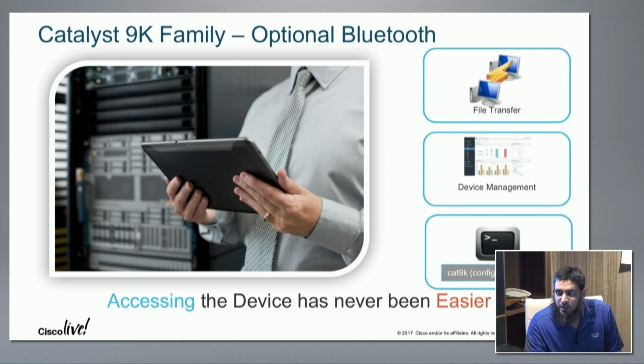You can download the image, you can manage the device, you can transfer the files, you can do everything that we typically do for management of the device from the Bluetooth. We made this optional because some of our customers are sensitive to having a wireless capability in the device. So this is an optional thing that you can just put the Bluetooth dongle in and enable the Bluetooth.